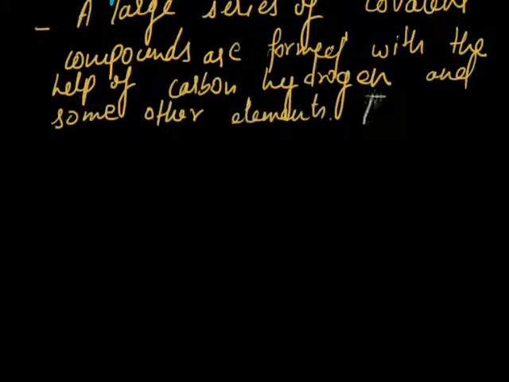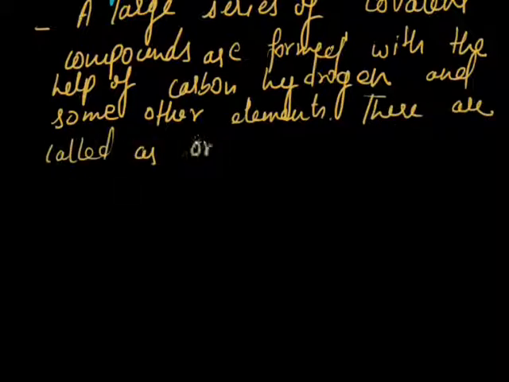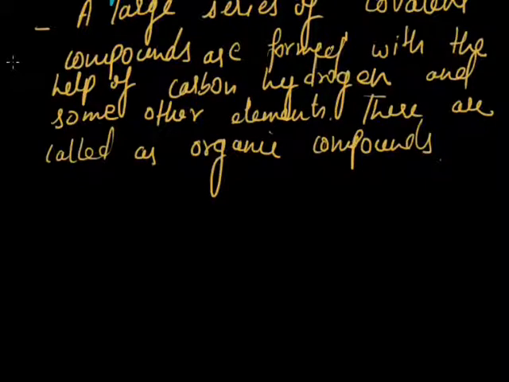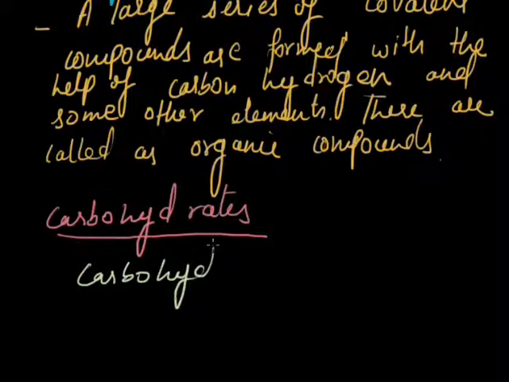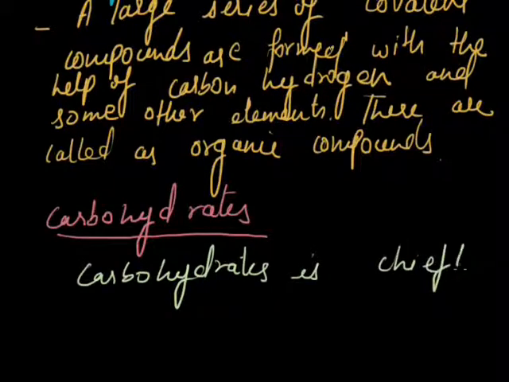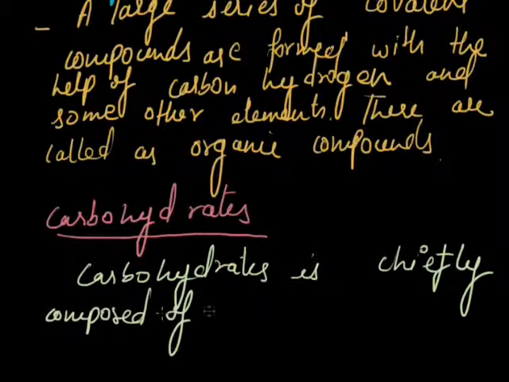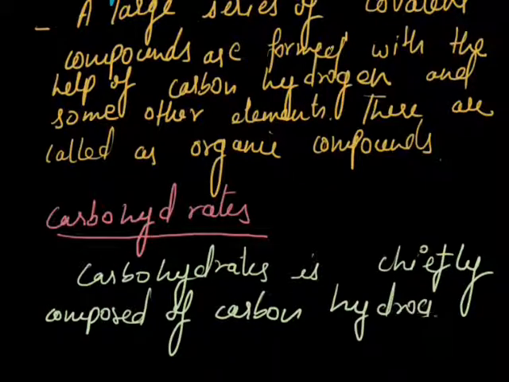These are called as organic compounds. First, we'll discuss carbohydrates. Carbohydrates is chiefly composed of carbon, hydrogen, and oxygen.